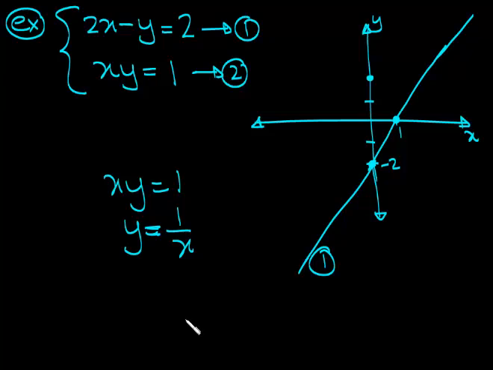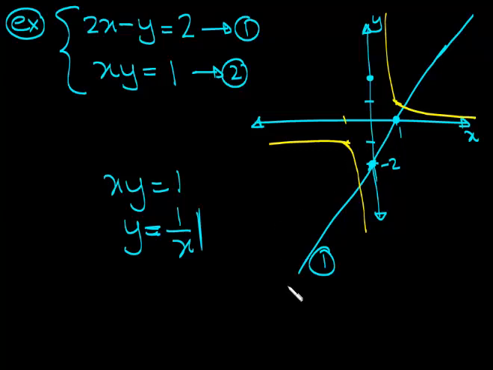We find the x and y intercepts, then find asymptotes and things like that, because it's a rational function, a fraction. If you went through all of that, you would find the graph looks something like this. So that's what that graph looks like.